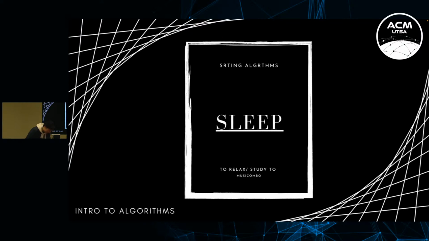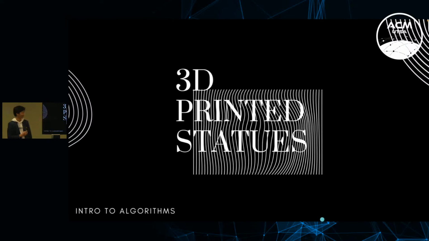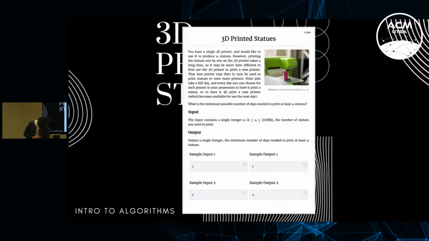Okay, so talking about implementing your own algorithms, this is what we're going to do. 3D printed statues. Some of you might recognize this from the open house. I really like this problem. I made a cool graphic for it too. So let's read it.